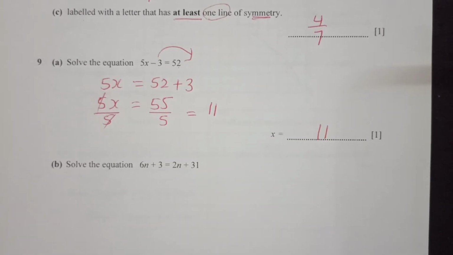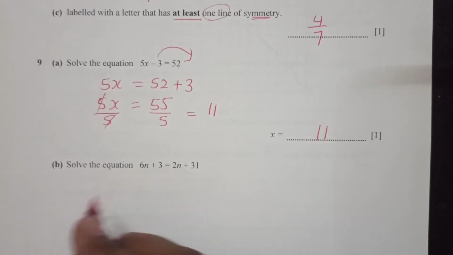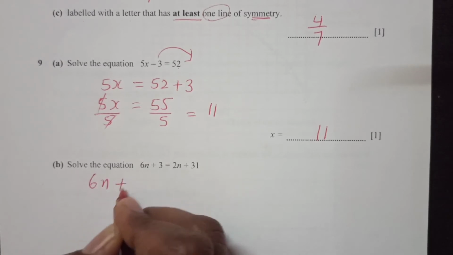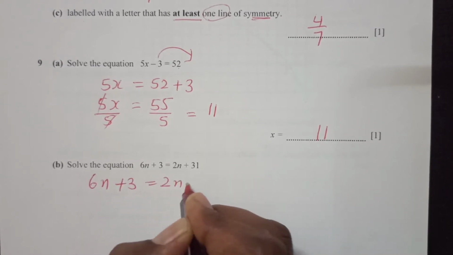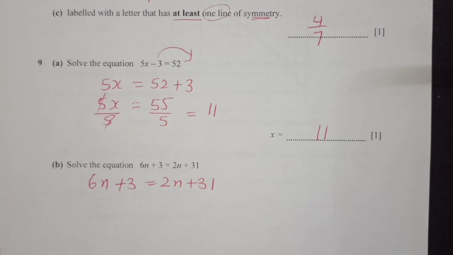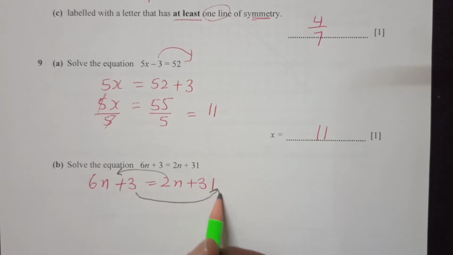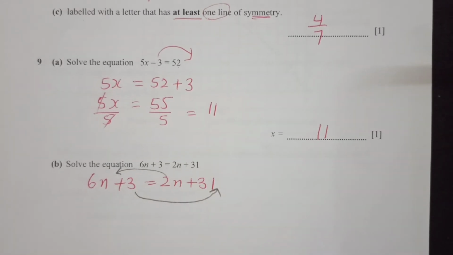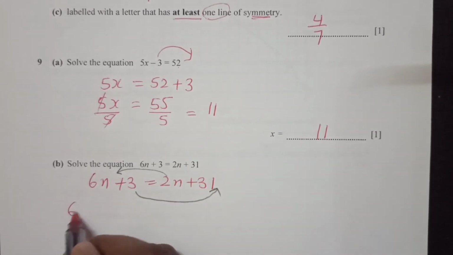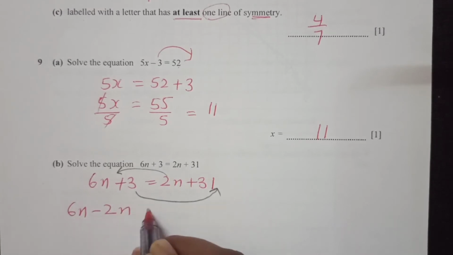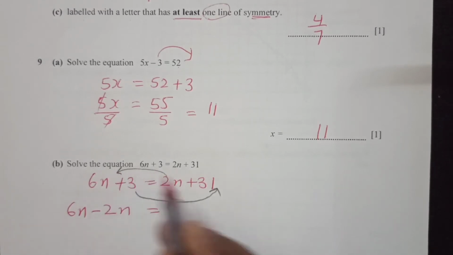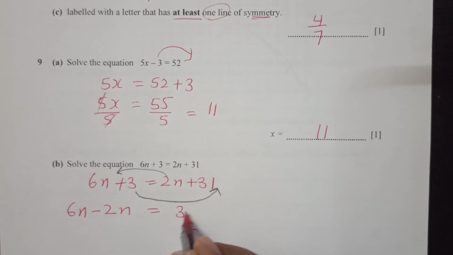Part B, solve the equation 6n plus 3. Let me write this down again. 6n plus 3 equals 2n plus 31. We are going to shift one by one. We can bring the n together. So 6n minus 2n equals, this is positive, on the other side it will become negative. 31 is already there.